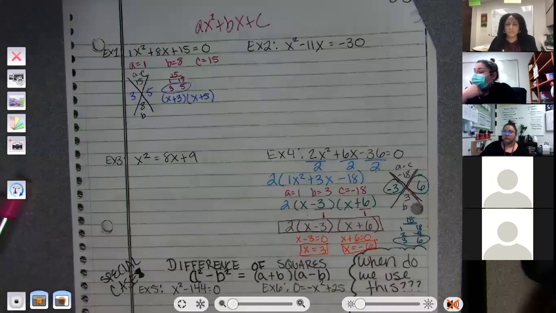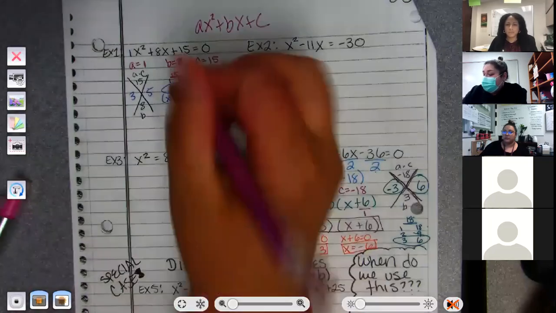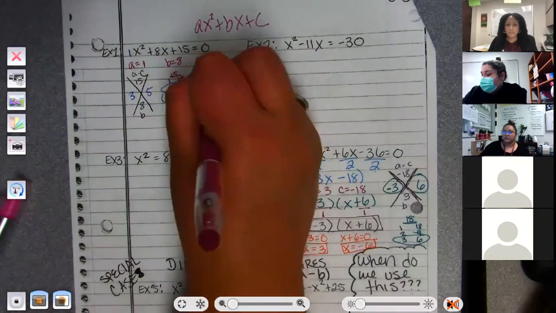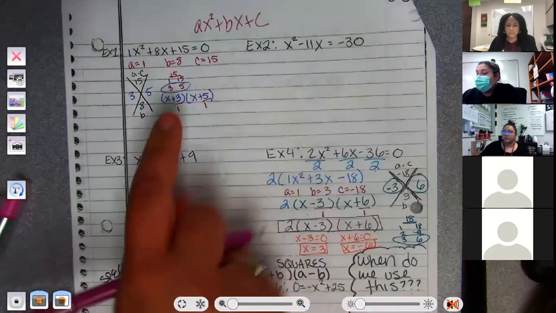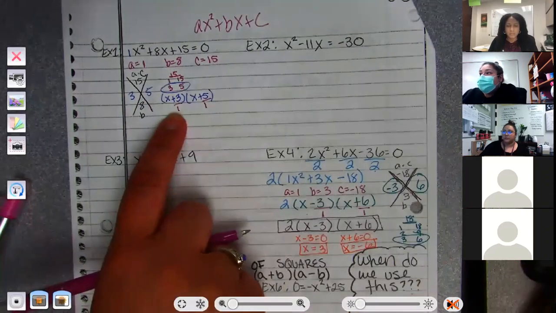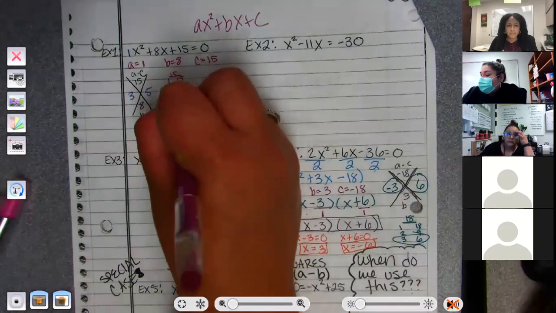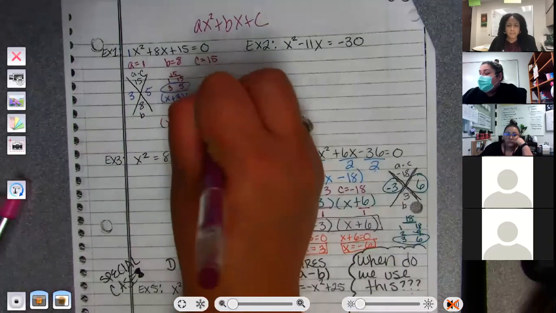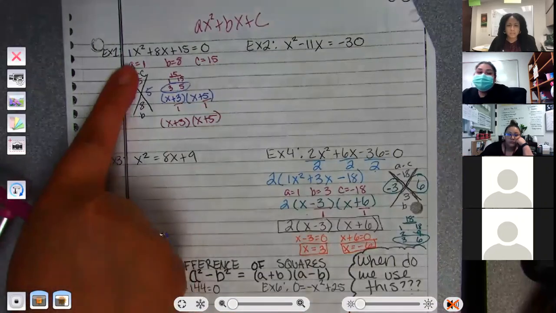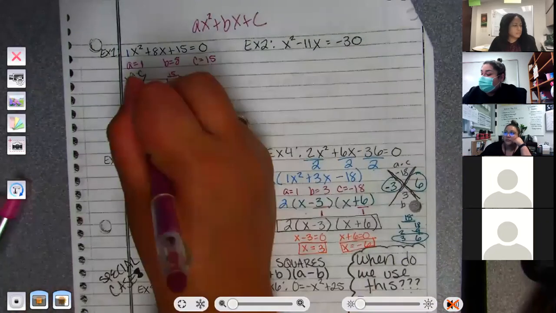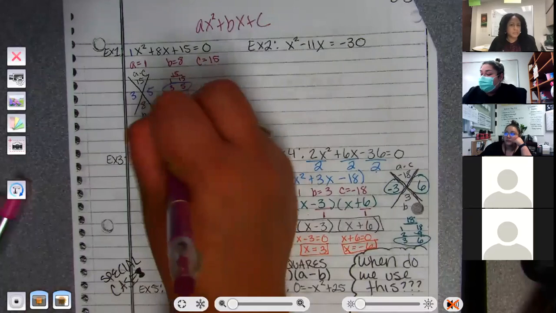What is A? Exactly. So Stephanie said we're going to divide by A, which is 1. So when we divide by 1, is that going to change anything? Nope, not in this one. So X plus 3 times X plus 5. There was no greatest common factor to take out at the very beginning, so this is my factored form.